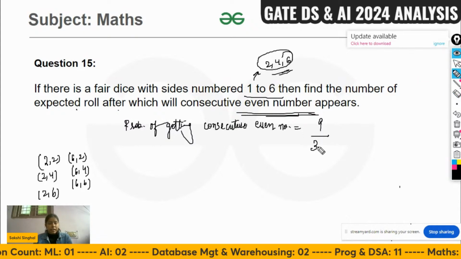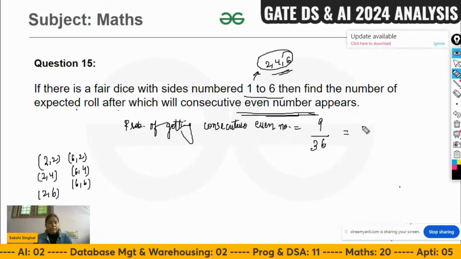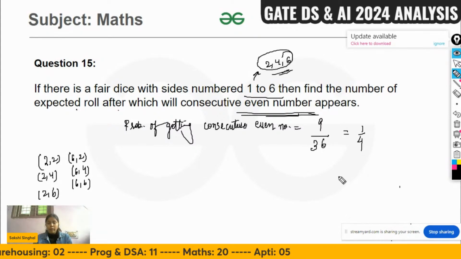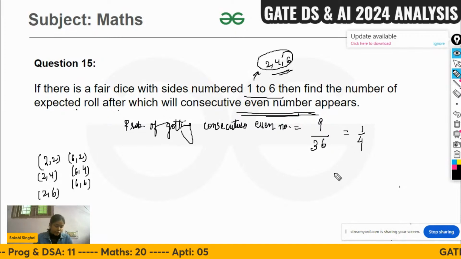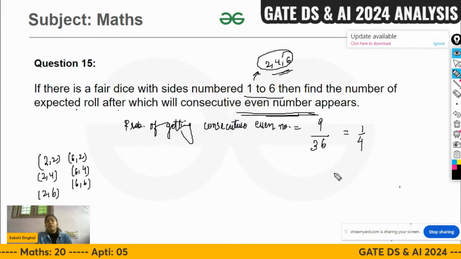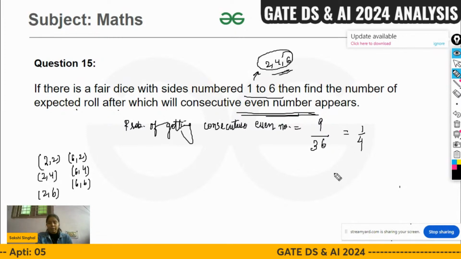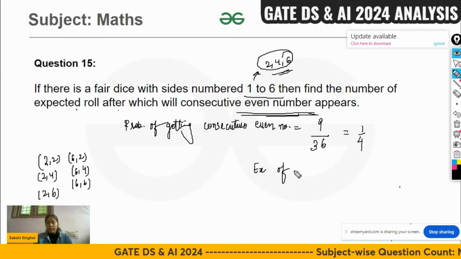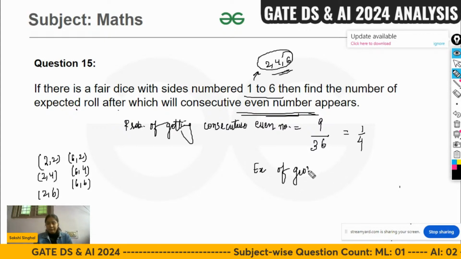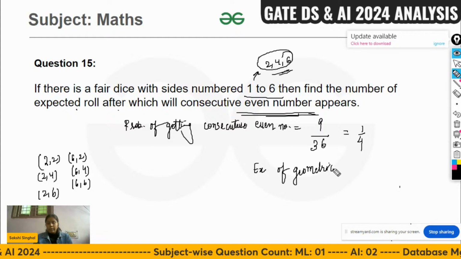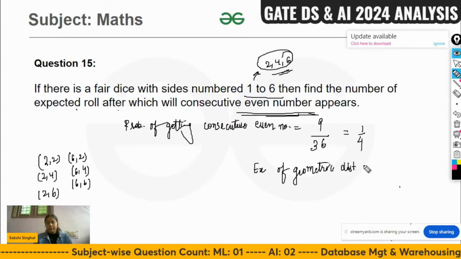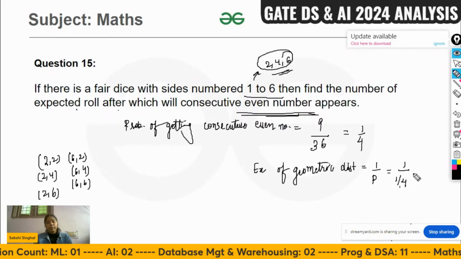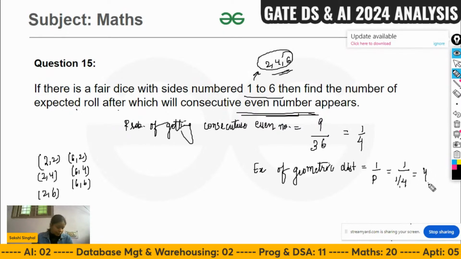And how many cases do I have in total? 36. Out of 36 cases, 9 give consecutive even numbers, so the probability would be 1 by 4. And as Abid told us, the expectation of a geometric distribution is 1 by p. The probability here is 1 by 4, so 1 upon 1 by 4 would give me an expectation of 4.